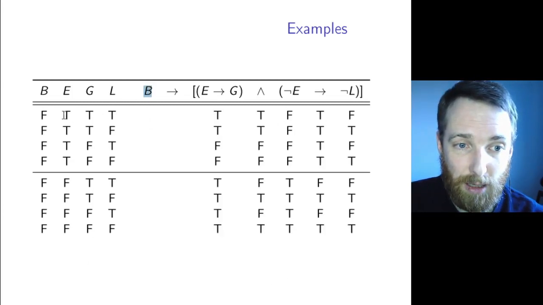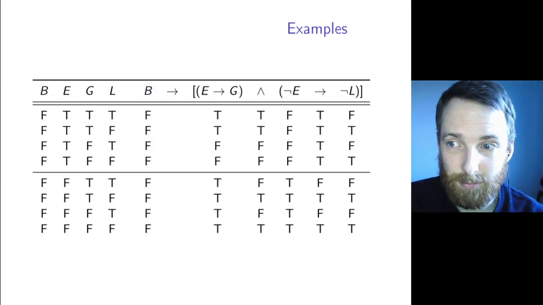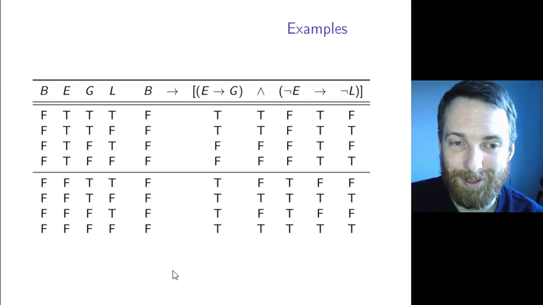But now B, instead of being all true, is going to be all false. Hey, before I even put it up, I bet you can already figure out, if you know the arrow rule, I bet you know what all of these values are going to be. Do you know what it is? Here's your hint. What's the one way to make an arrow sentence false?